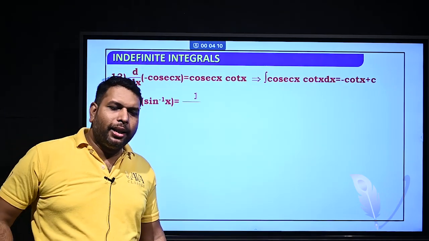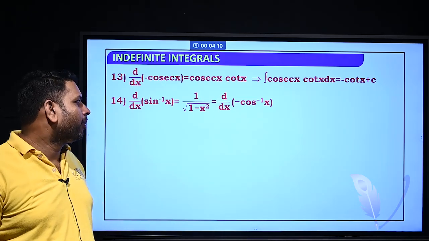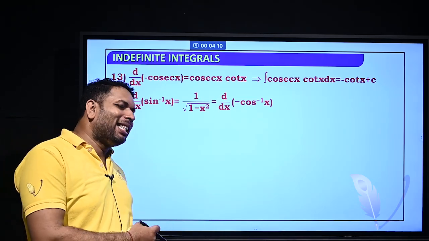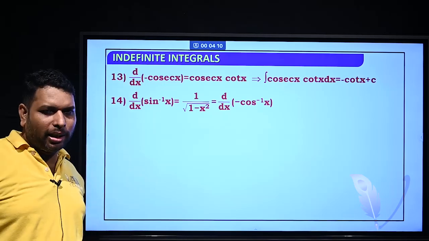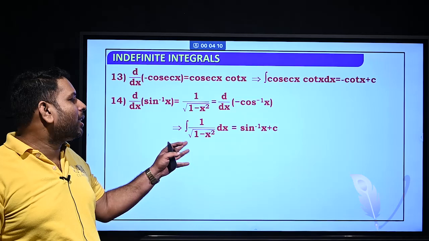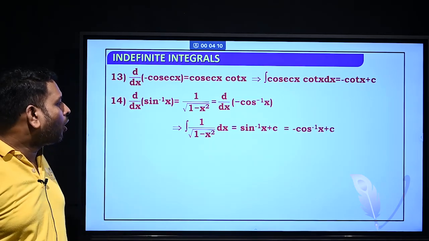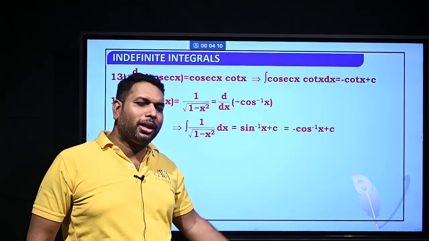Derivative of sin inverse x is 1 by root over 1 minus x square, which is the same as the derivative of minus cos inverse x. So integration of 1 by root over 1 minus x square dx is sin inverse x plus c, and is also the same as minus cos inverse x plus c.